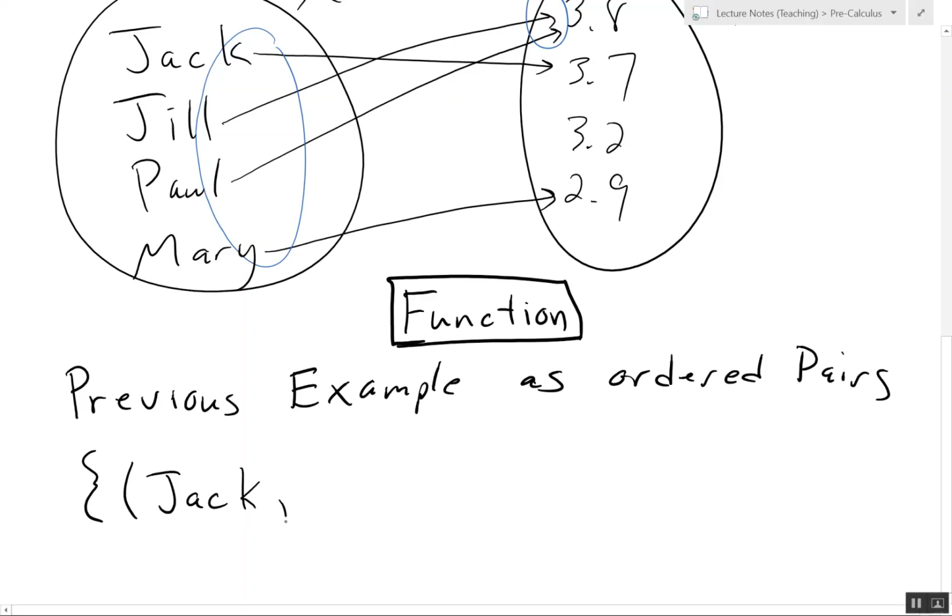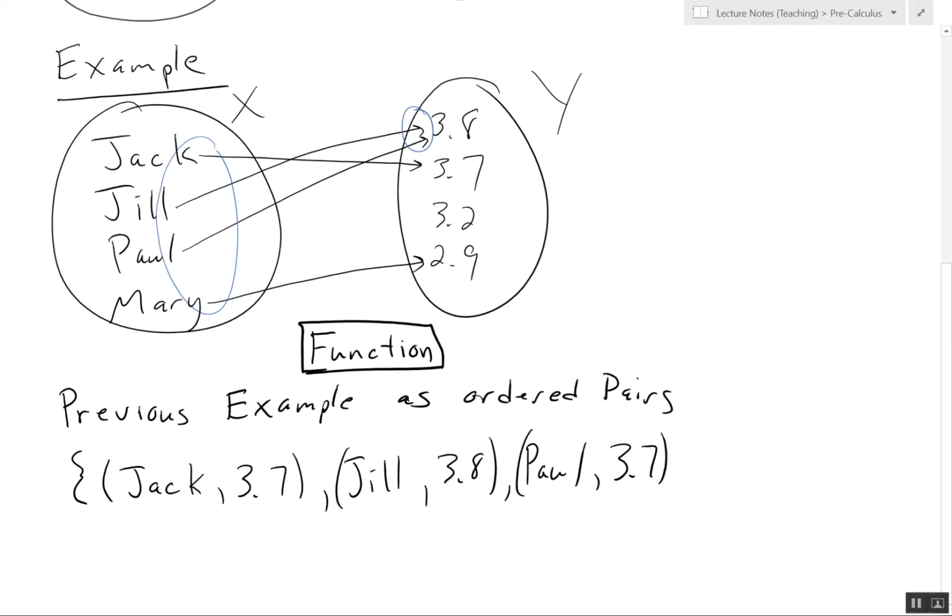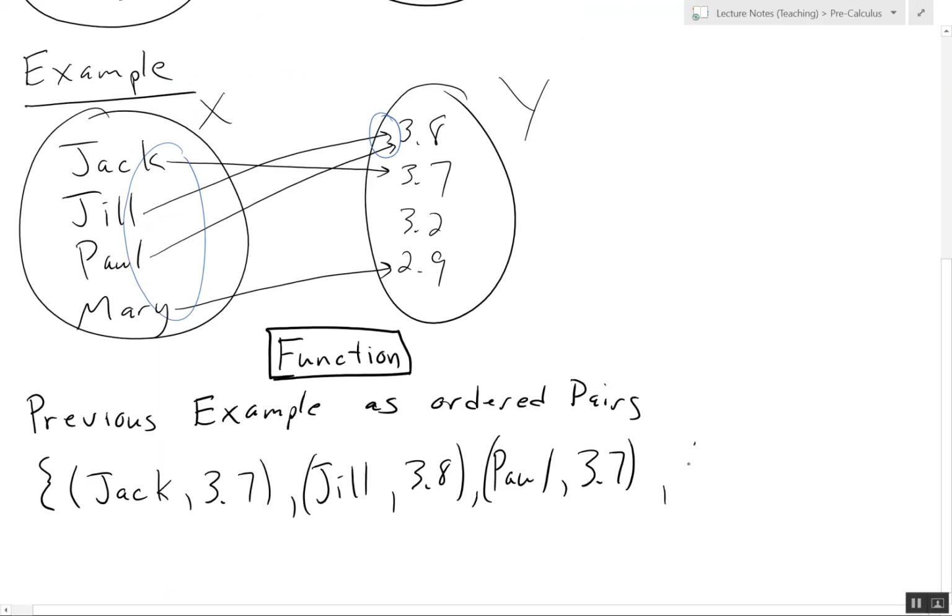And he got a 3.7. Jill this semester got a 3.8. Paul also got a 3.8. So let's put the round bracket there. And then Mary got a 2.9. So this is the same relation. So this is also a function.